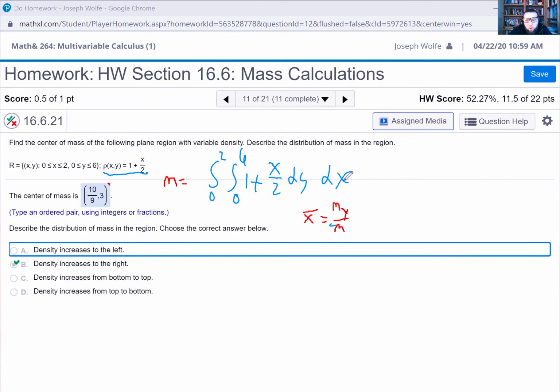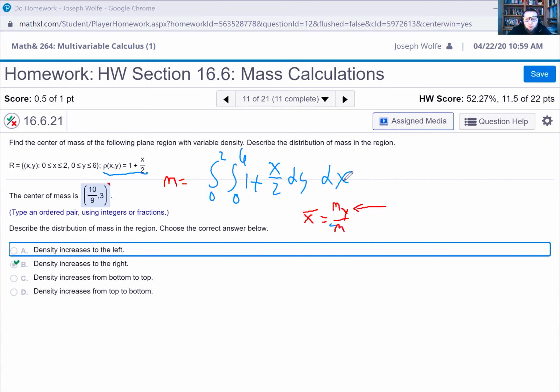So what's the formula for My? Isn't it the x variable? We need to find the integral of the x variable in order to find what My would be.